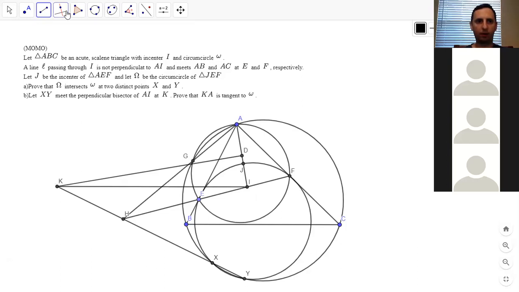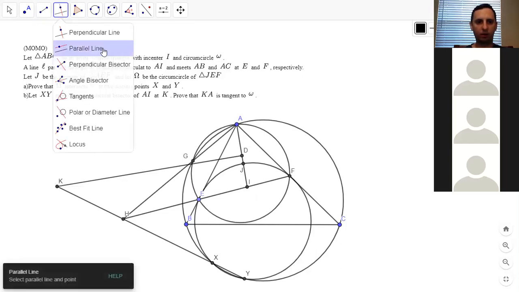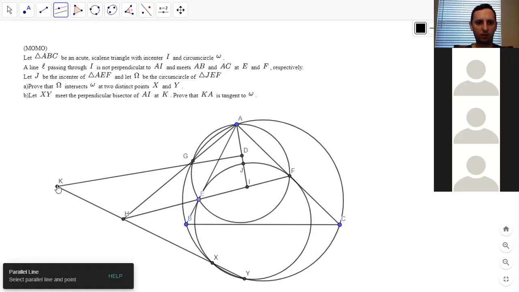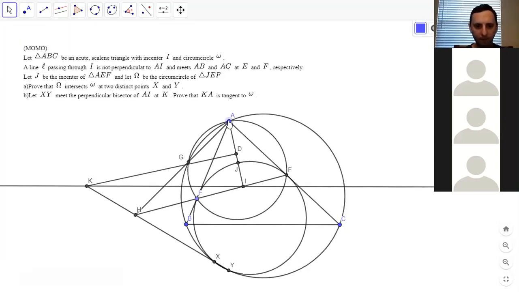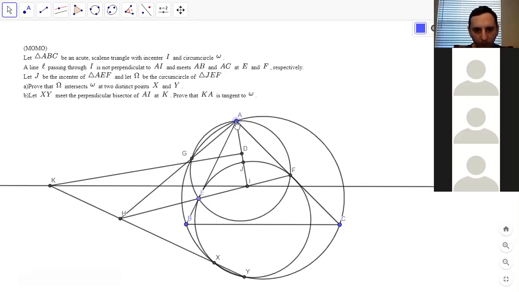Let me use the parallel line. Yes, it must be parallel to BC, because if KI is the tangent, we can angle chase and it will be parallel to BC. So if the problem is true, then KI would have to be parallel.